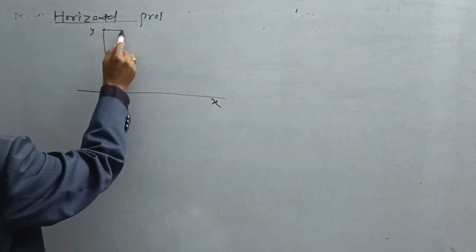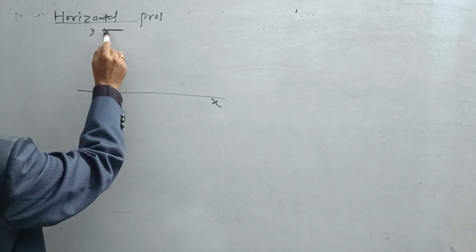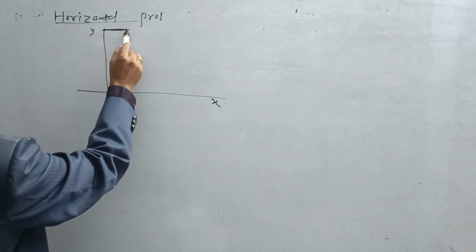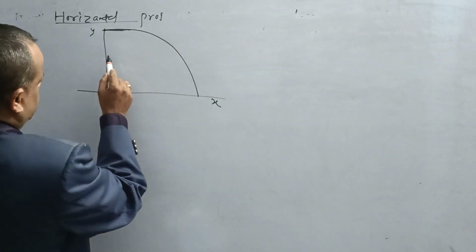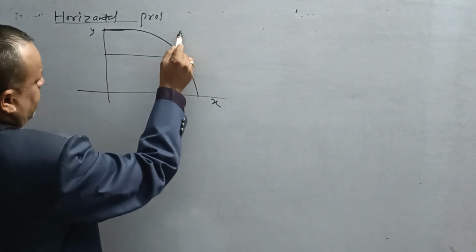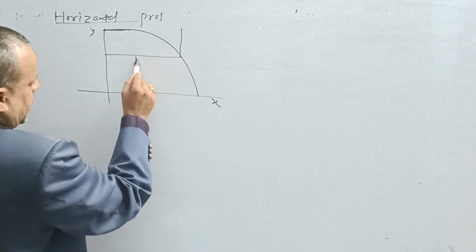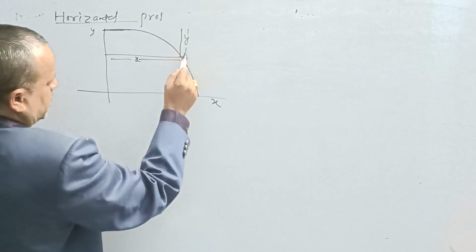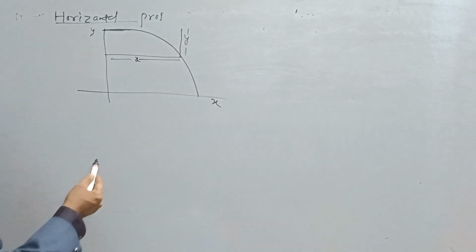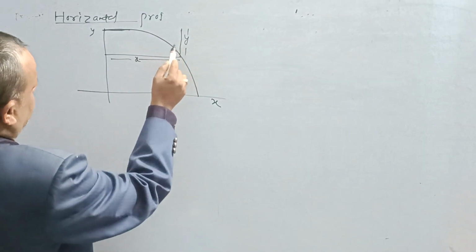The body is thrown from this height, and it is acting under the action of gravity only. Gradually it comes to the ground like this. At any point of time, let us suppose it has traveled distance x along the x-axis and distance y along the y-axis.